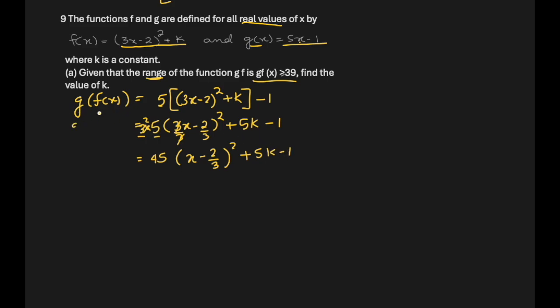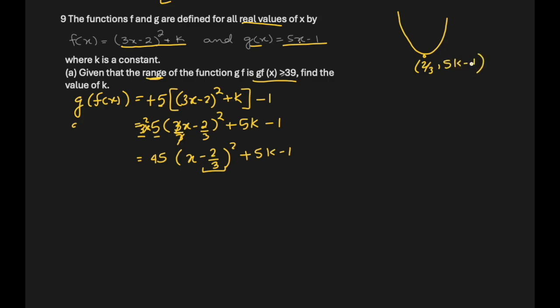This is gf(x). Now, since this is the vertex form, this gives us the x coordinate of the vertex, which will be 2/3. Is it opening up or down? Because 5 is positive, our graph is opening up. So the x coordinate is 2/3, and the y coordinate is 5k minus 1.